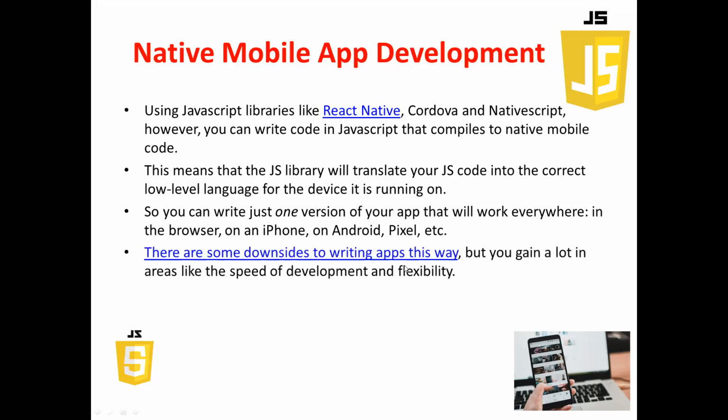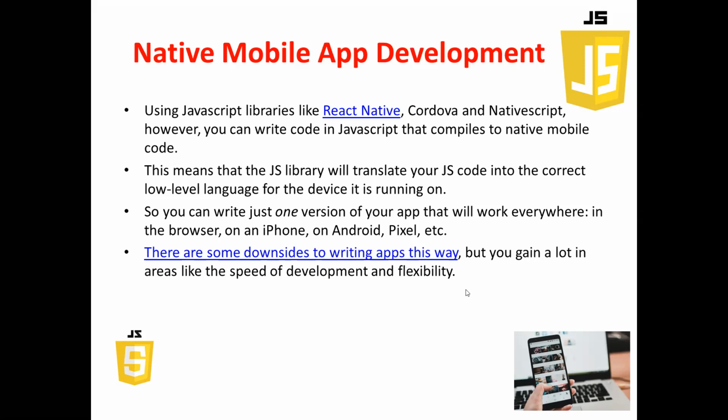Now, there are some downsides to writing applications this way, but you gain in areas like speed of development and flexibility. What does it mean? For example, the code which you write one time will be available on different platforms.